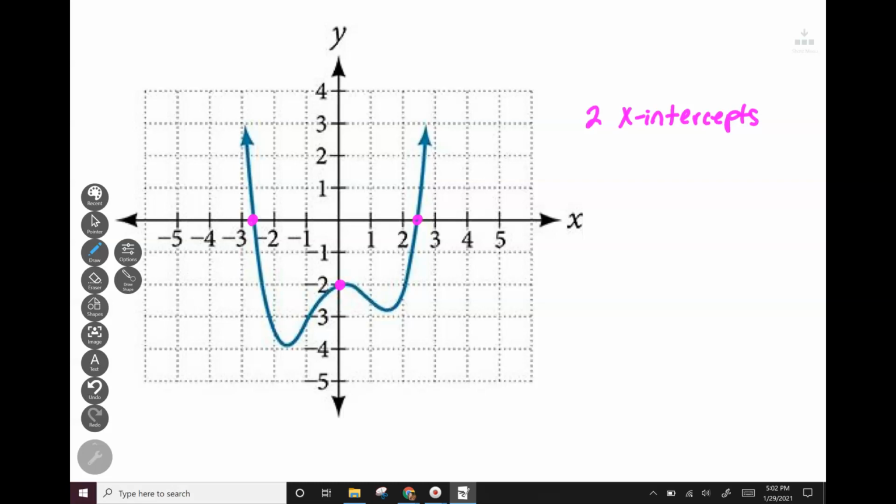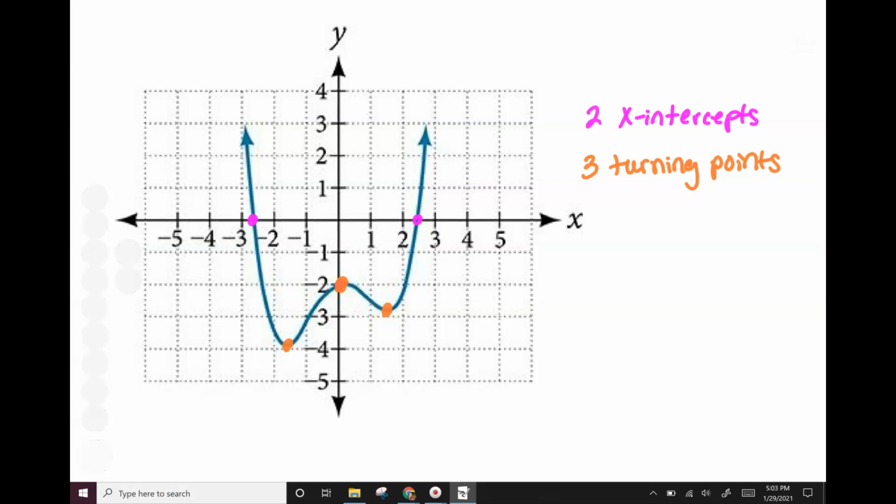How many turning points do we have on this graph? So let me change colors. Here's a turning point. Here's a turning point. There's a turning point. So we have 3 turning points. If you look back on the previous page of our notes, we talked about how the number of x-intercepts and the number of turning points can point you towards what the degree of the polynomial would have been.